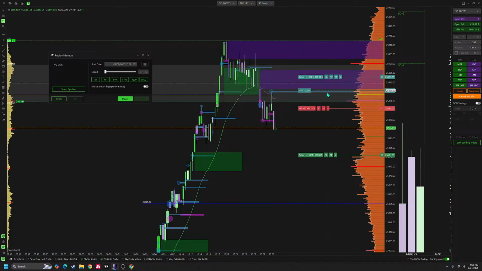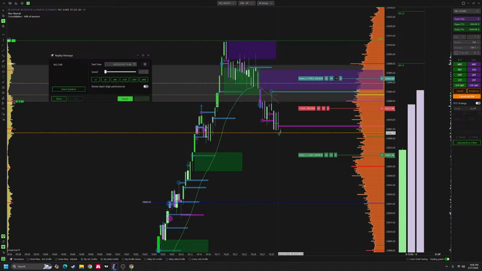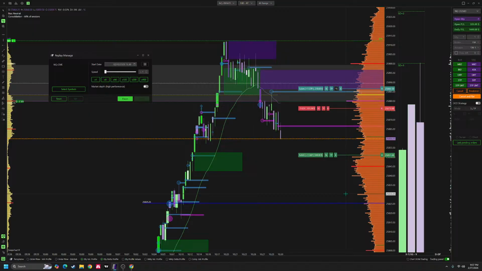So reduced our risk a little bit. So now we're going to invoke the trailing. Once it crosses this line, just reducing our risk. If we take an L, that's fine, but we have pretty good momentum here.